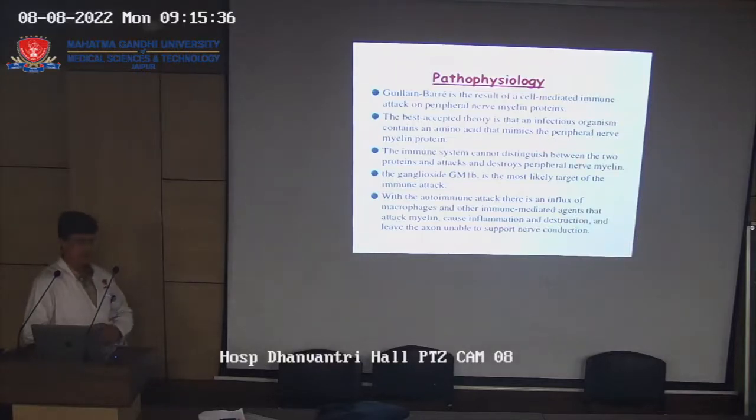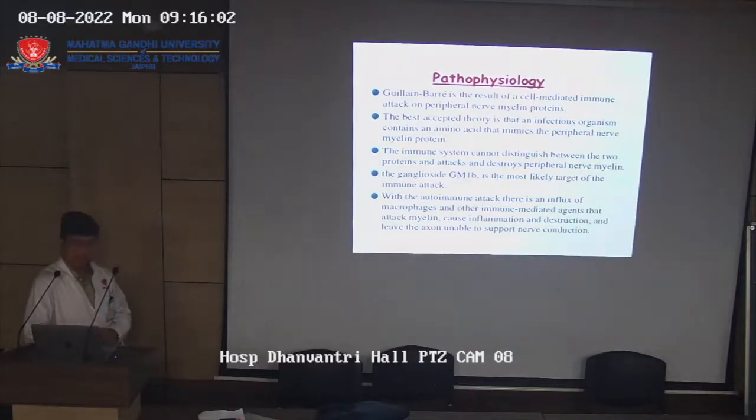In the central nervous system, myelin is formed by the oligodendrocytes, and in the peripheral nervous system, it is formed by the Schwann cells. What is the function of the myelin sheath? The myelin sheath provides protection to the peripheral nerve, and it is responsible for the conduction of the impulses from the axon to the dendrites.